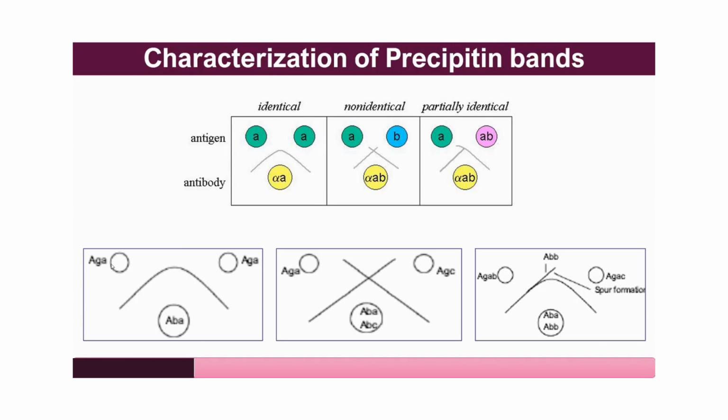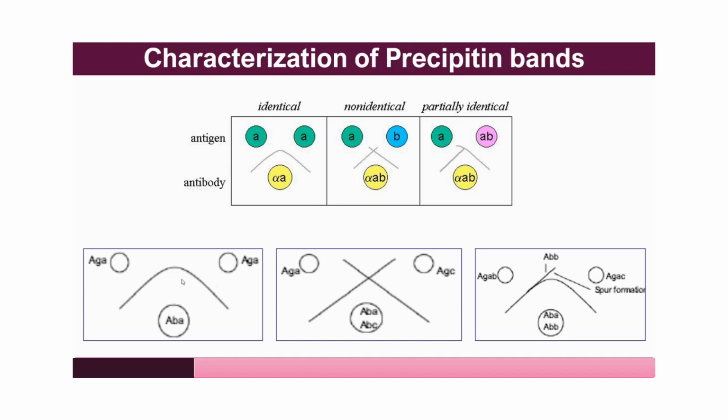The reason being these two precipitin bands are met. The reason being the antigens are of the same type. The concentration of these two antigens is also the same, and the diffusion force exhibited by these antigens towards the antibody, which is also diffusing in all directions here, and the antigen is diffusing in all directions. Radially, it is diffusing in the agarose gel in all directions.